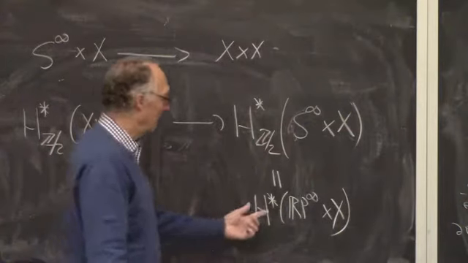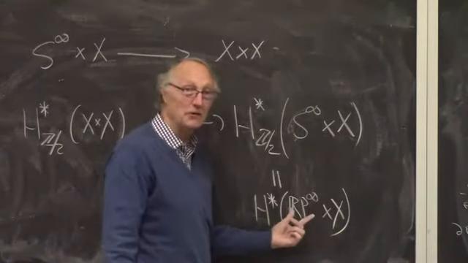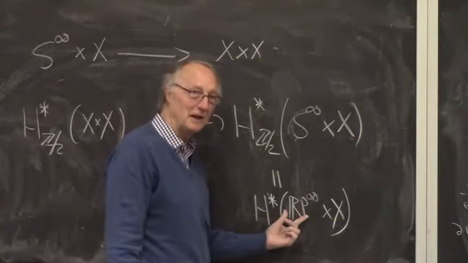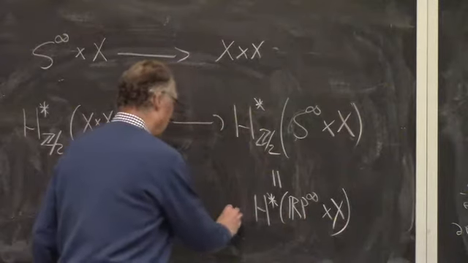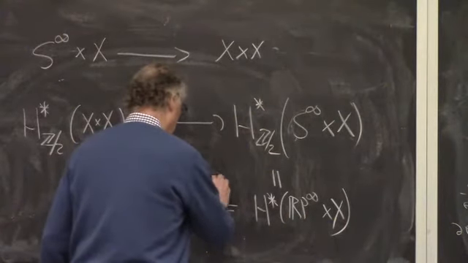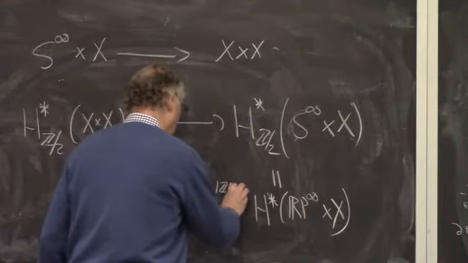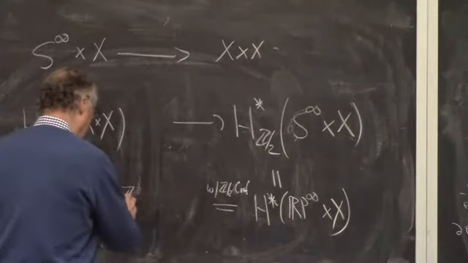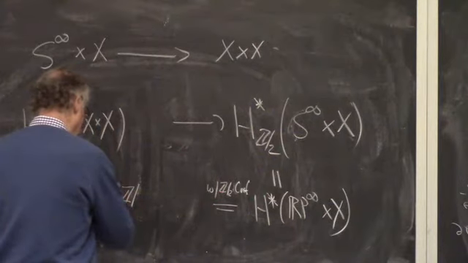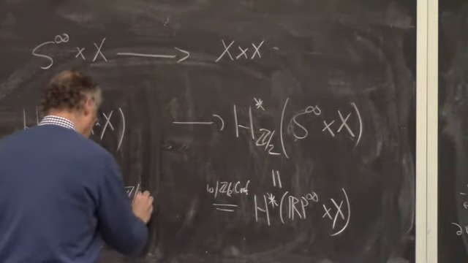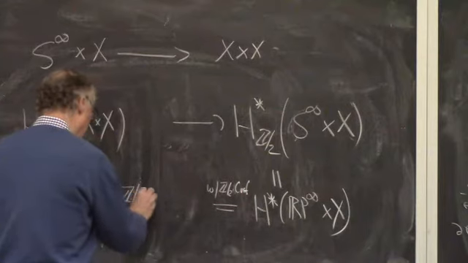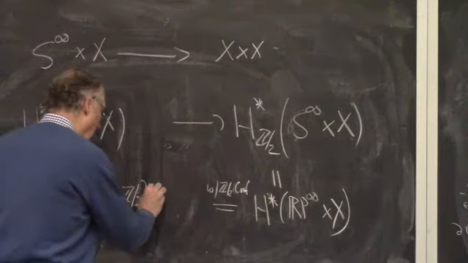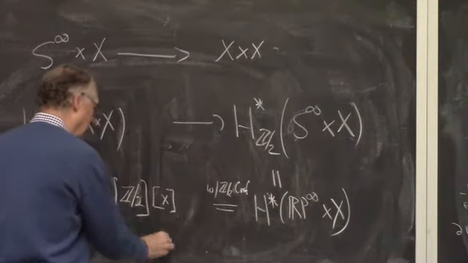But things become very nice when I take Z2 coefficients, because the Z2 cohomology of RP infinity is a polynomial algebra. So with Z2 coefficients, this is simply a polynomial algebra over Z2, the ground ring, with one polynomial variable in degree 1.